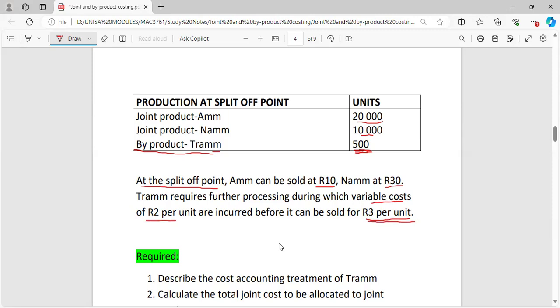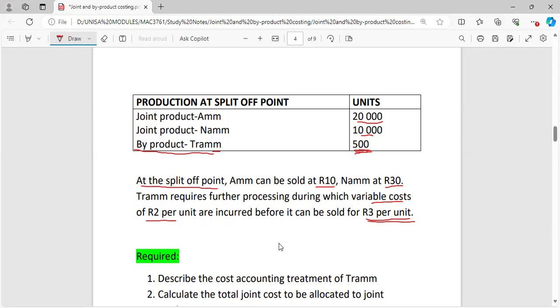So here I want you guys to see where we are: we have 2 joint products and a byproduct. When you look at this question, if you have understood what we have been explaining, you can have a picture of what is going to happen to tram, which is a byproduct, and what is going to happen to the net realizable value of tram.